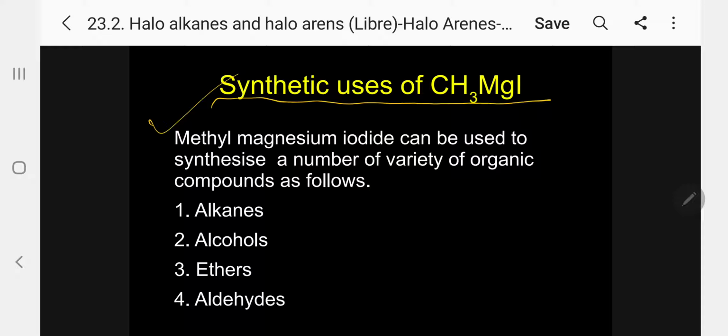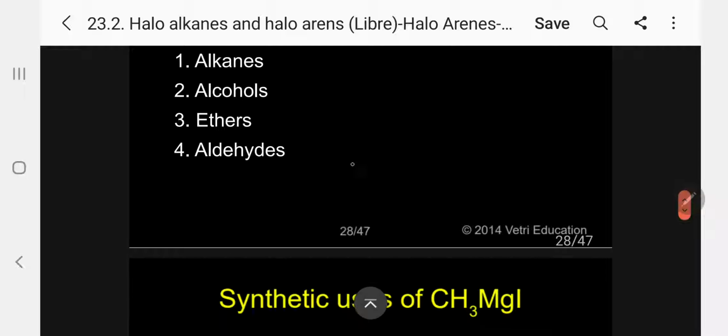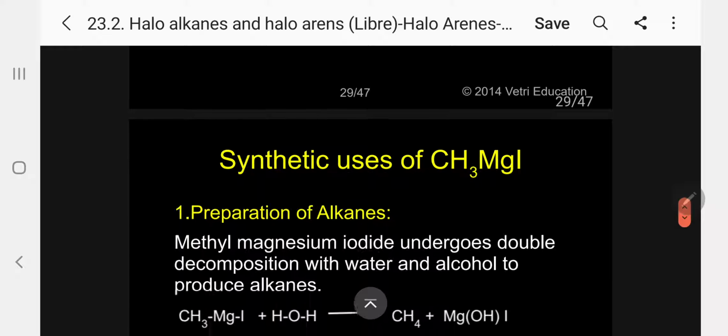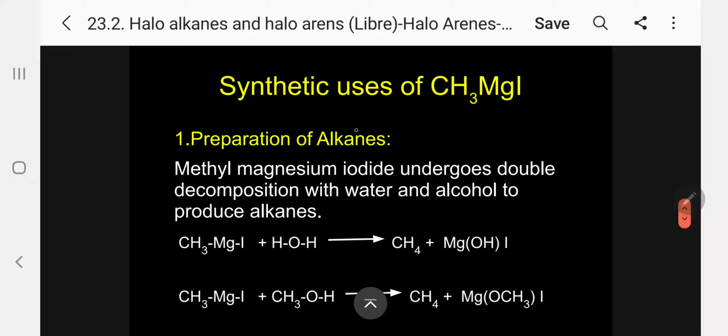Methyl magnesium iodide can be used to synthesize a variety of organic compounds as follows: alkane, alcohol, ether, aldehydes, ketones, carboxylic acid, carboxylic ester, cyanide, etc. So, any compound you can synthesize in the laboratory using methyl magnesium iodide. Let me go one by one. First one, preparation of alkane. For example, methane. Here I have shown you methane.